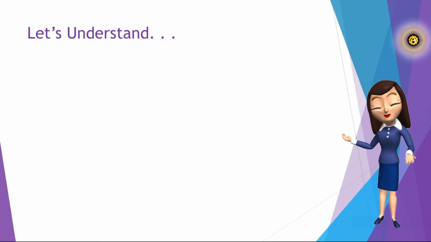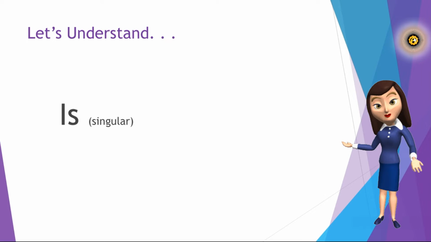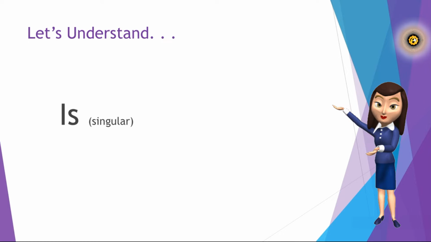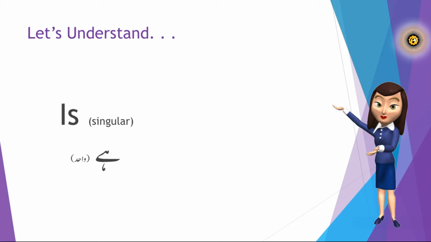Alright, now let's understand. In English, for one thing or for singular things, we say is, and in Urdu it is hai.